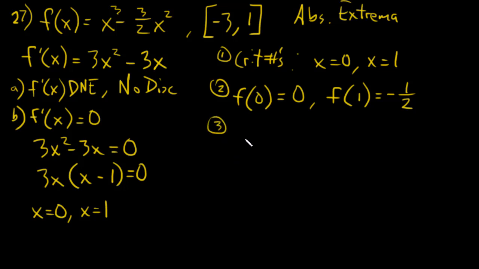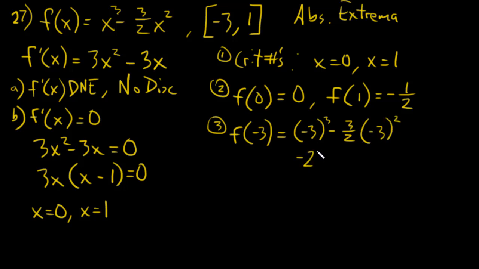Step 3, we plug in the endpoints to the original function, so f of -3. When I plug in negative 3 here, I'm going to get negative 3 cubed minus 3 halves times negative 3 squared. This is going to be negative 27 minus 27 halves.